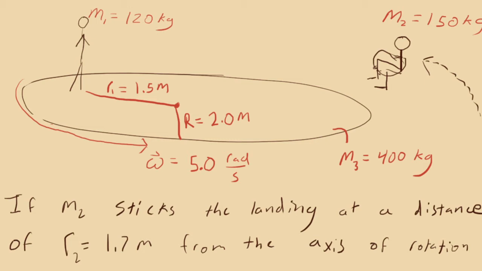It would only affect the energy of the system if the person was jumping and landing with some component that is perpendicular to the radius. So we don't need to worry about that here. The only thing this person is changing is the moment of inertia of this whole system.